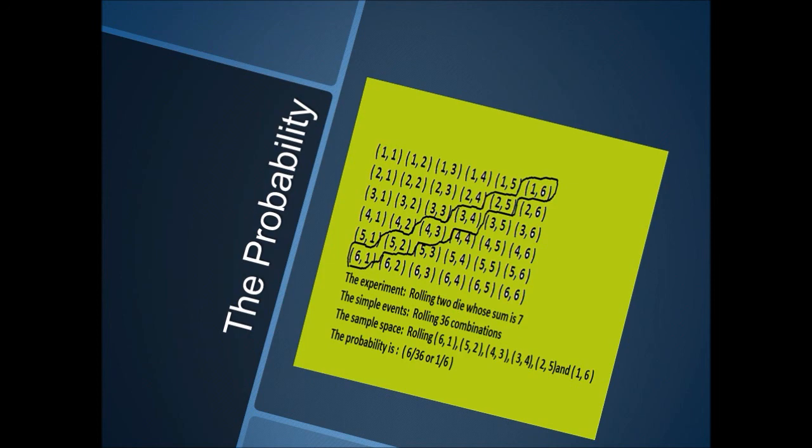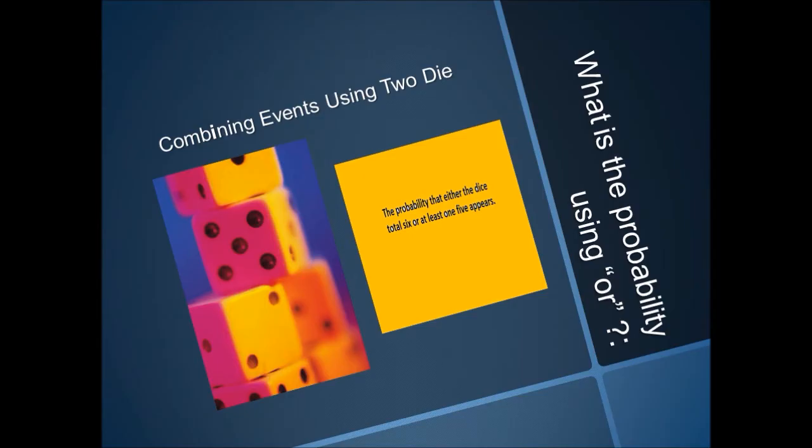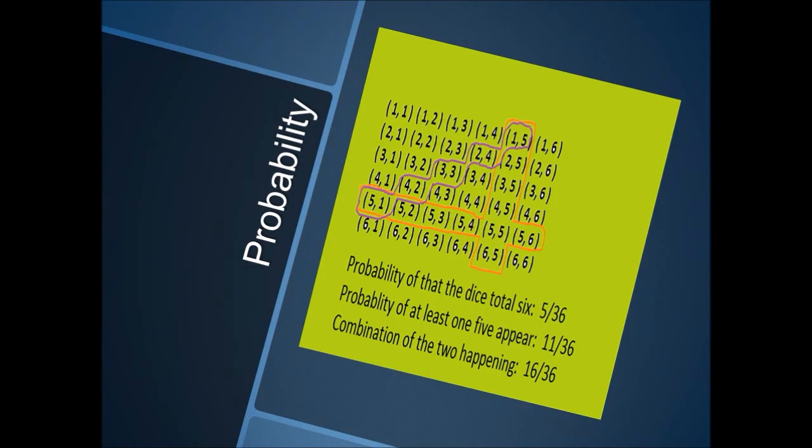Let's look at combining events using the word or and and. What is the probability that either the dice total 6 or at least 1 5 appears? The probability of the dice totaling 6 is 5 out of 36.